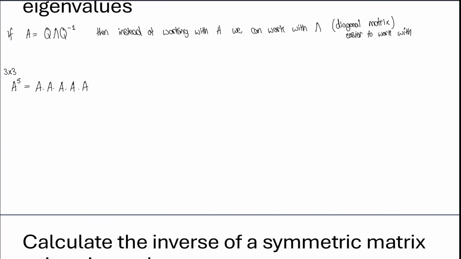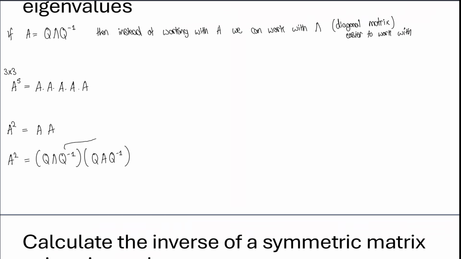So if we use eigenvalue decomposition, then if we work out A squared, we would have A multiplied by A. If we now substitute this in, we get A squared is equal to Q Λ Q inverse and Q Λ Q inverse.